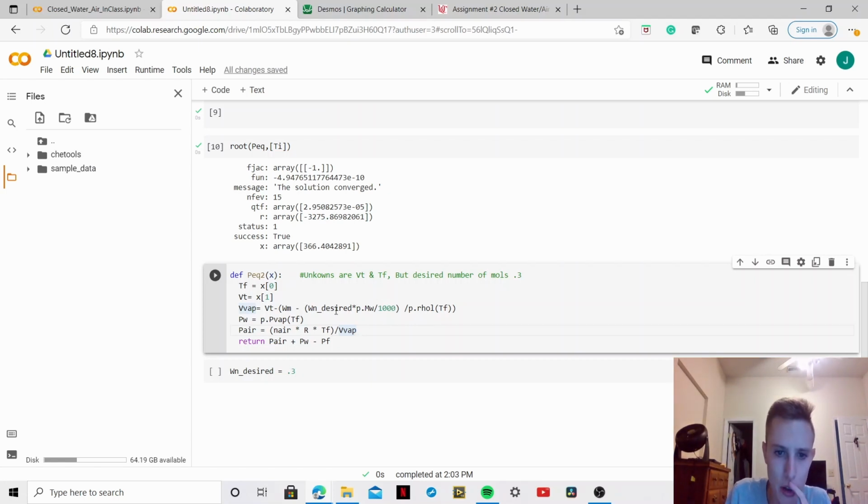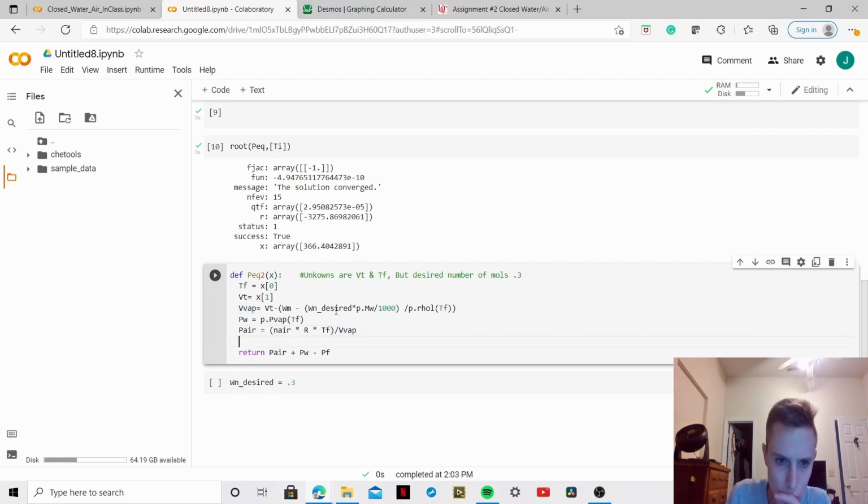So now we want to make sure we can solve for the number of moles here. Let's go down here, and we can solve for the number of desired moles again, where we already know the desired number of moles. We can manipulate PV equals nRT to find this.